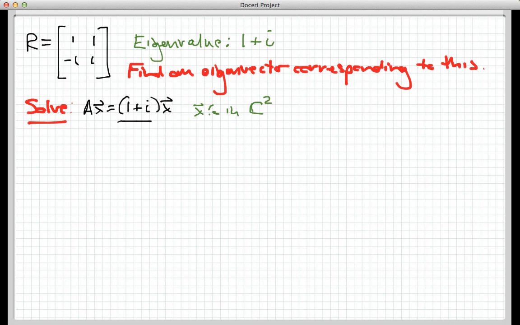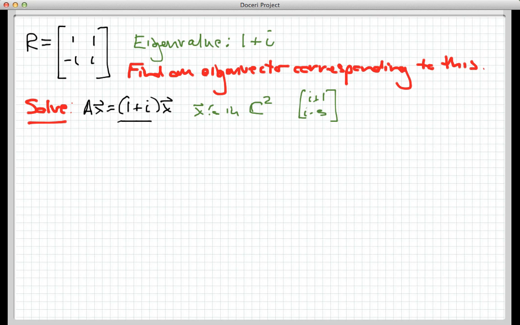C2 is like R2. It's a set of vectors with two components, only here the complex numbers go into the components. So for an example, a vector in C2 would be something like (i plus 1, i minus 3). So I'm looking for a vector in C2 that satisfies this equation.